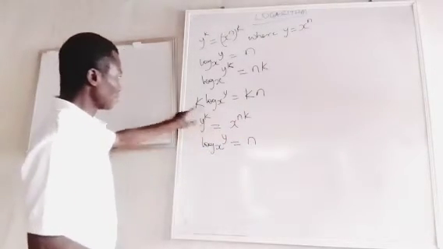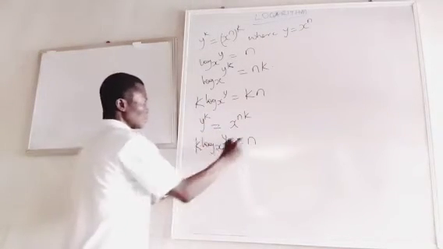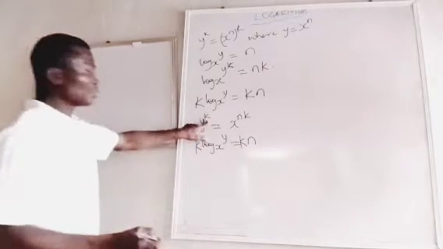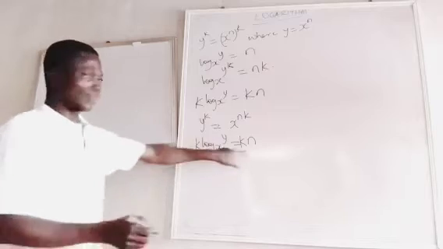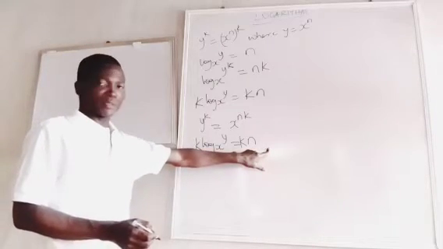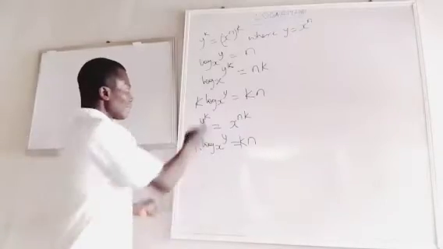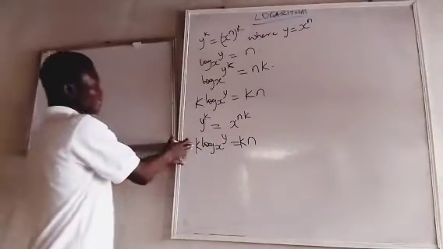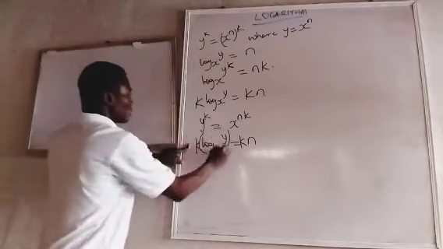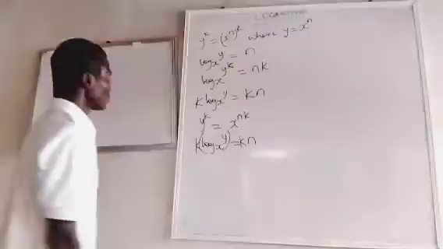Therefore, this k can come to the front. Anything you raise this power to here, just use it to multiply this log here. Do you understand now? This power here, you don't need to start manipulating again. Just bring it out to multiply this whole thing here. That gives you your answer.